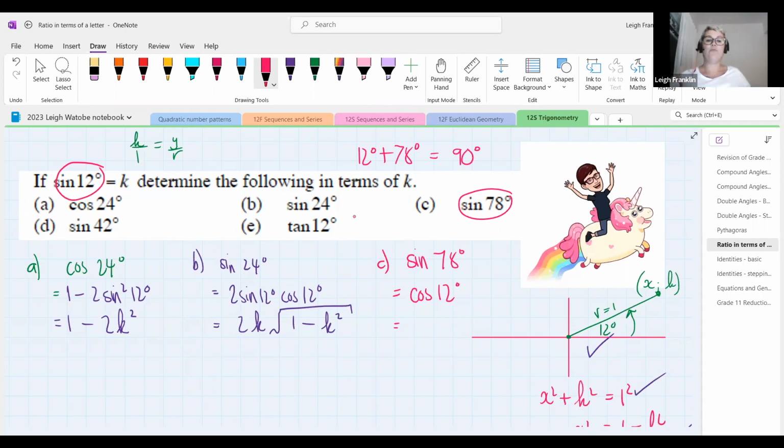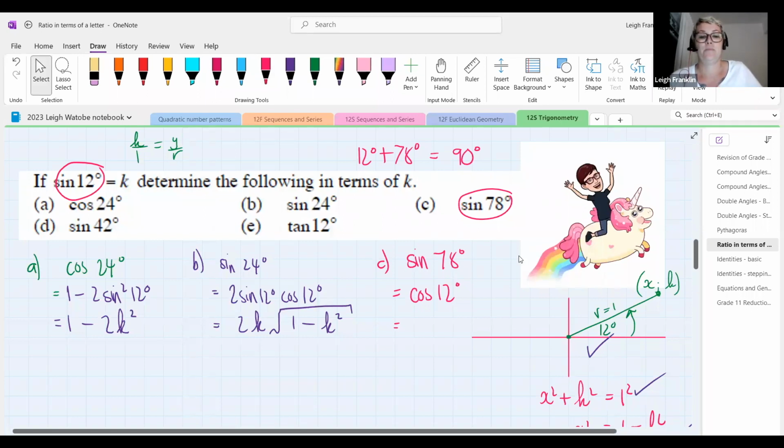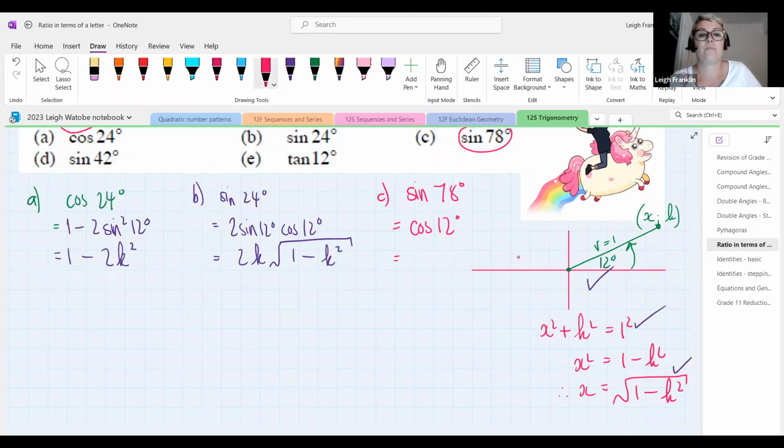Okay. All right. So from you writing cos 12, now you can tell me what was the rest of it. So cos is adjacent over hypotenuse, which is going to be root 1 minus k squared over 1. Perfect. Very nice. Well done.